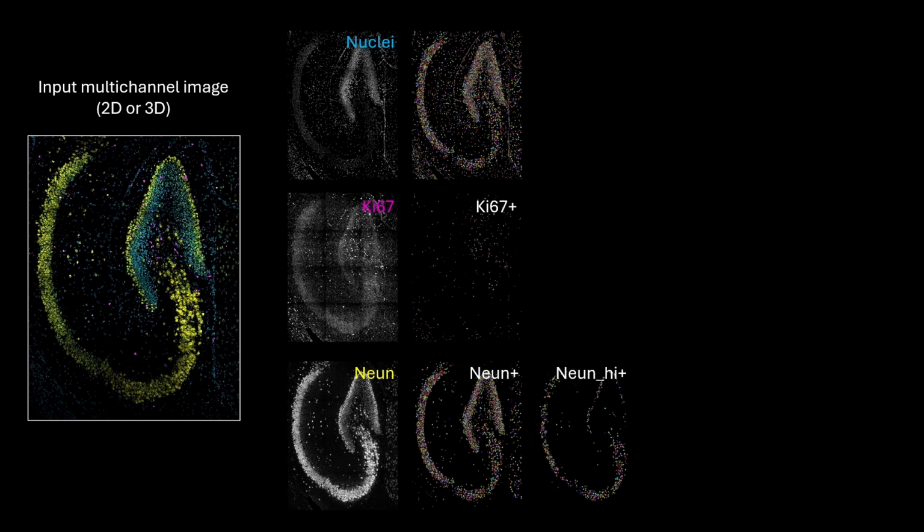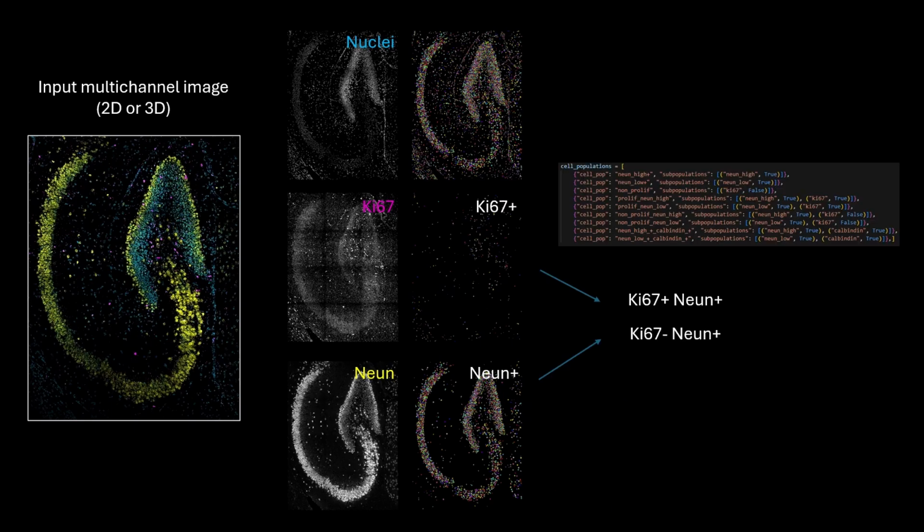You can also quantify and generate subpopulations if you have different intensity levels across your marker, for example, NeuN high or NeuN low. But most importantly, you can define cell populations based on the presence or absence of single or multiple markers by modifying a simple dictionary structure.